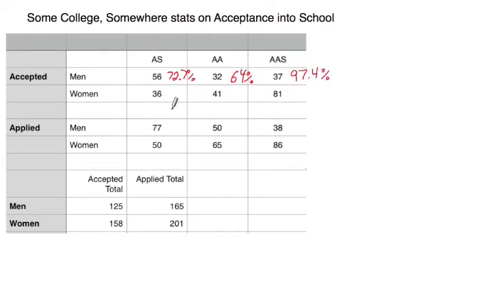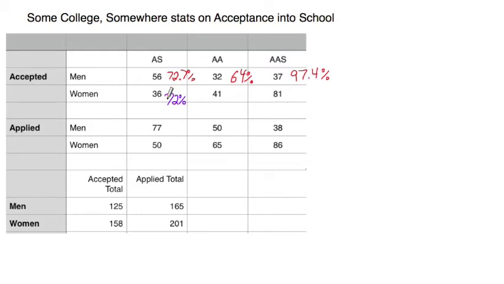Alright. For the women, let's change colors here. Let's do 36 out of the number applied, which is 50. So 36 divided by 50 times 100 is 72%. Now remember, the one above is 72.7%.